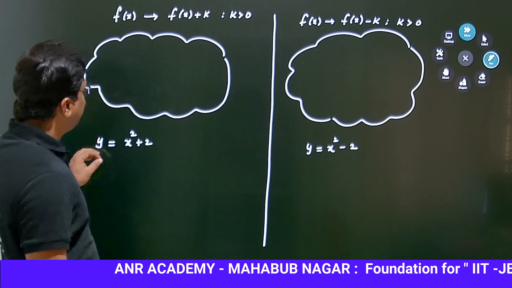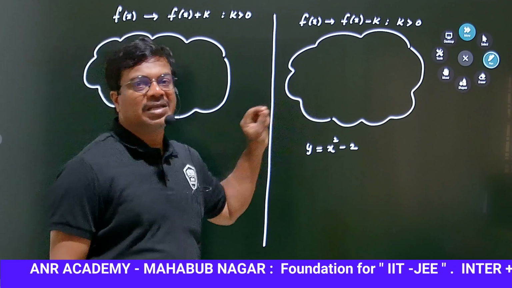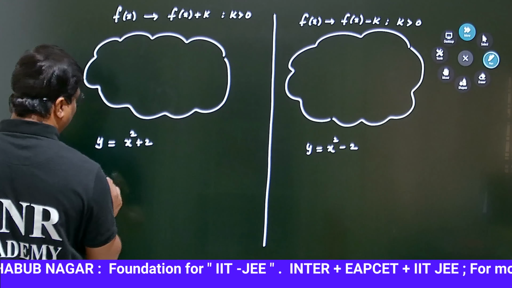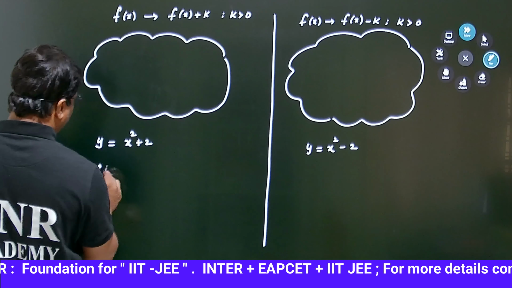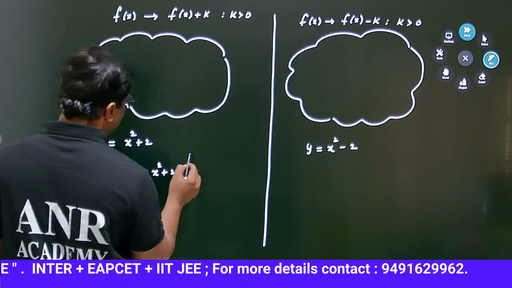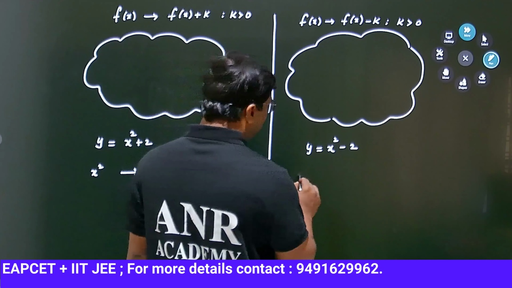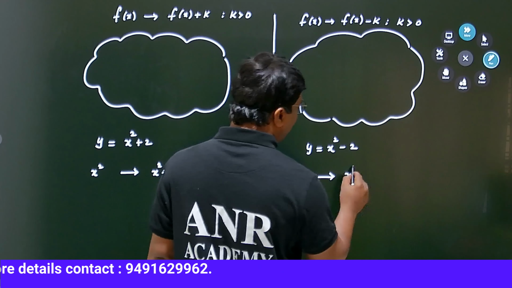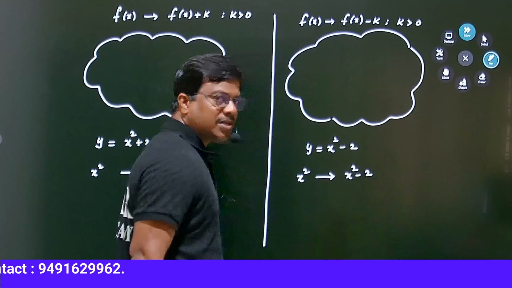In the transformation, plus 2 is there, minus 2 is there. You are familiar with the graph of y equal to x square, and after that you have to draw the graph of x square plus 2. First draw the graph of x square and then go for the transformation x square minus 2.